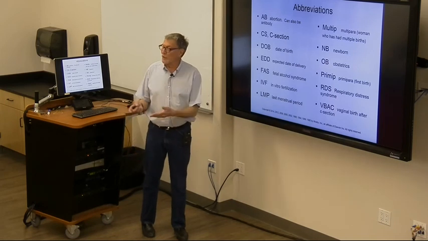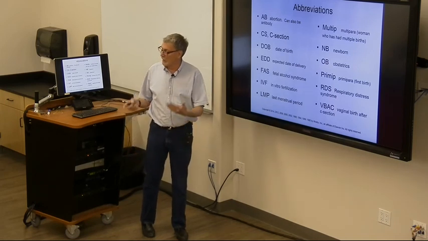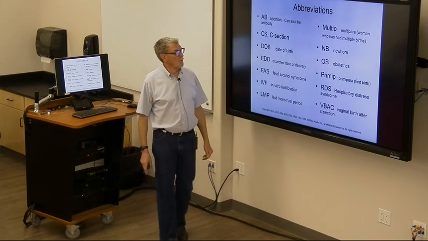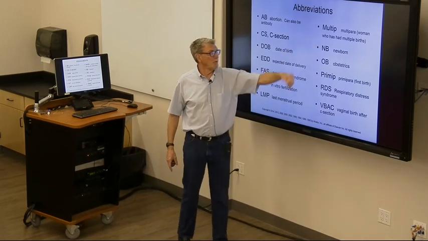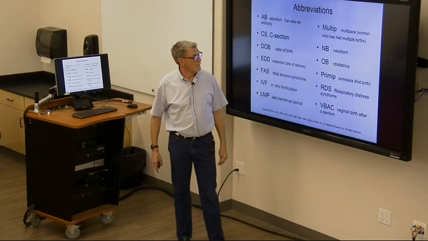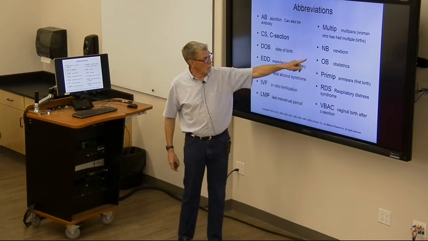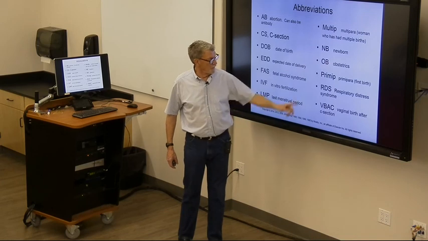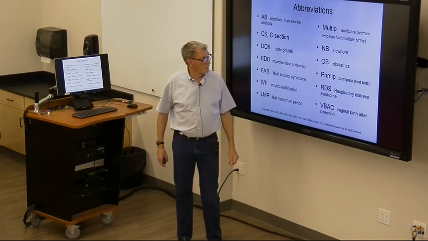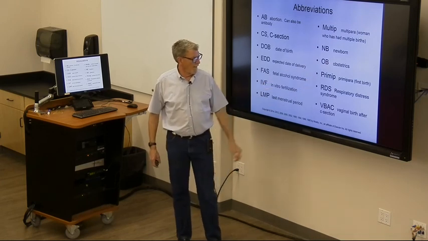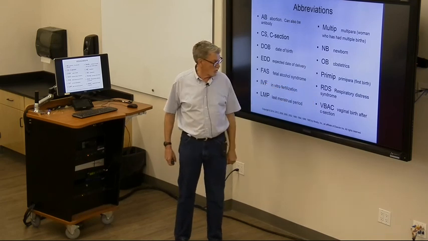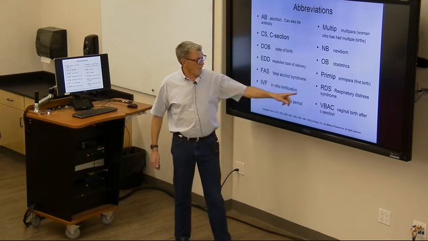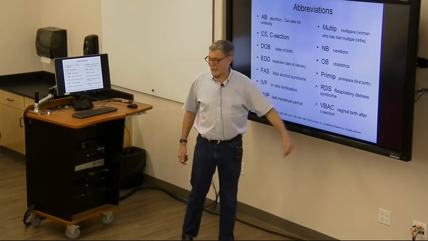That's important if you're trying to figure out if somebody's pregnant or not, or if they're having some other kind of a situation. Multipara has had multiple births. Newborn, obstetrics, first birth. Respiratory distress syndrome, particularly in premature infants. Vaginal birth after C-section.